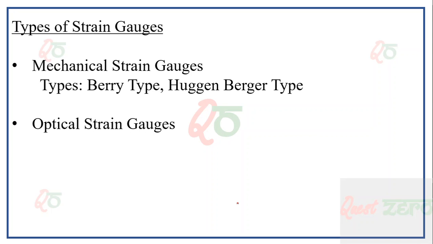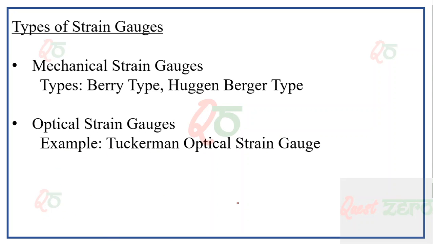The only factor that we consider for classification is the method employed for amplification of the signal. The next type is optical strain gauges, where optical methods are employed to amplify the signals to the readout stage. The best example for it is the Tuckerman optical strain gauge.